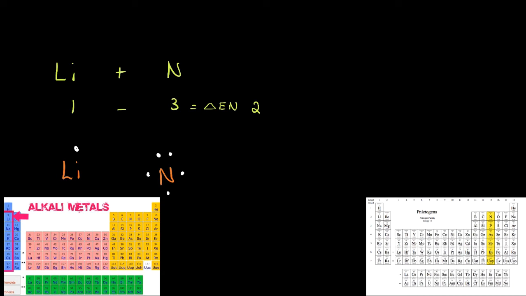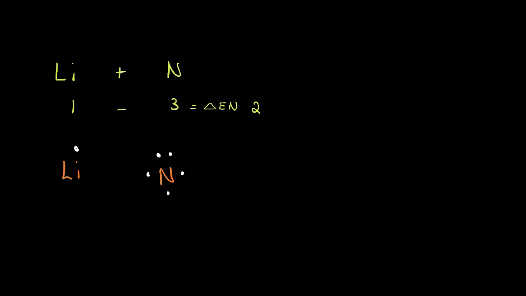All right, so looking at this, lithium has only 1 electron to give away. Nitrogen needs 3. So how many lithiums do you think you're going to have for this? If lithium has 1 to give away and nitrogen needs 3, that means that you're going to need 3 lithium atoms in order for this compound to form.